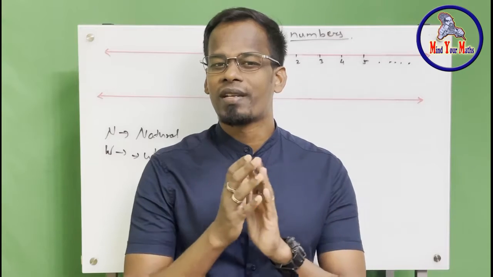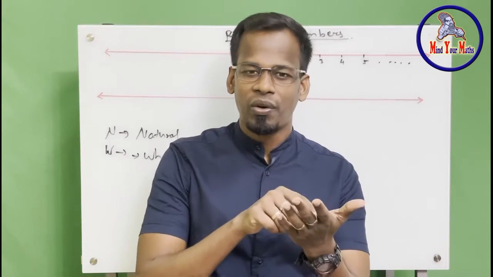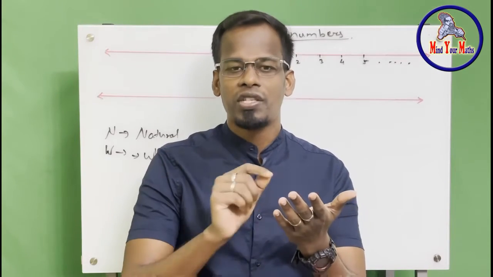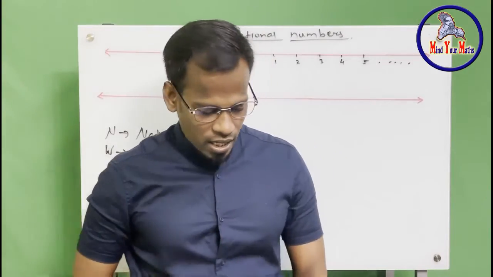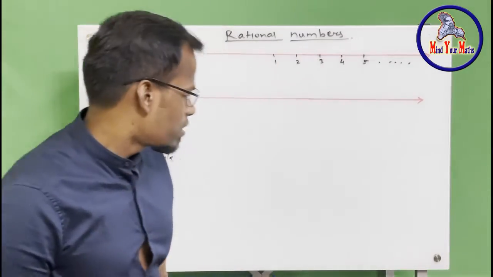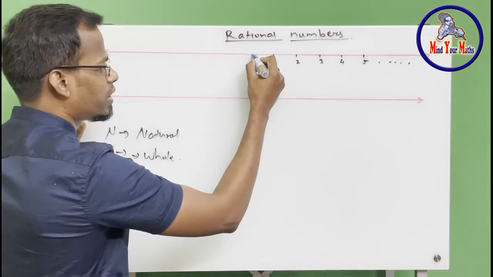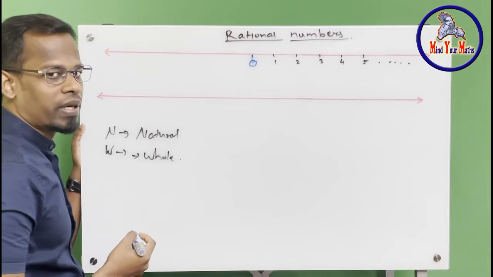It would always start with 0. You start from 0, and when you get the first point it increases to 1, then 2, 3, 4, and it just goes on as well. So a whole number includes 0 as well. That is what a whole number is.